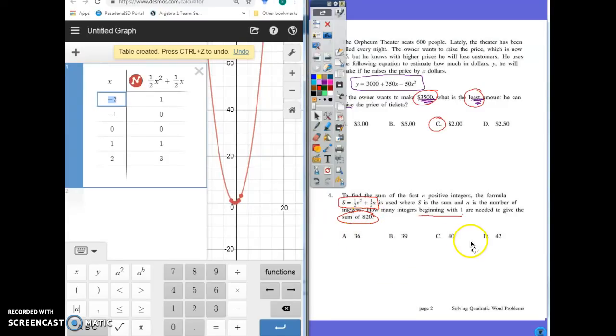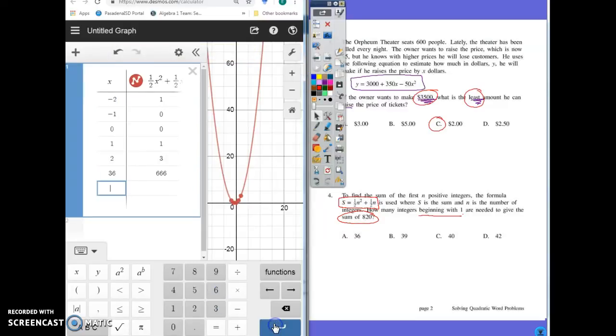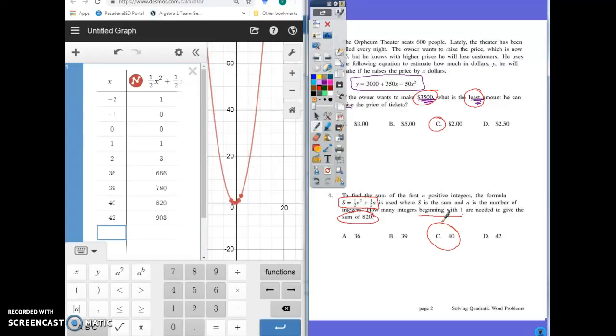So I'm going to type my answers, right? 36, I'm going to type it right here, 36, enter. That didn't give me 820. 39, enter. That didn't give me 820. 40, enter. That gave me 820. And 42, enter. That did not give me 820. So we're looking for the one that gives me 820. And that's how you're going to do those problems.